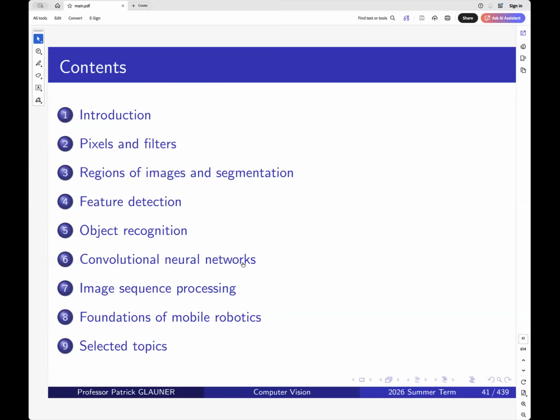That deep learning course will cover neural networks a lot, but not necessarily convolutional neural networks, because we're doing those in this course. So in the deep learning course, you'll maybe see more LLMs and other neural network architectures, but convolutional neural networks are discussed in detail here.